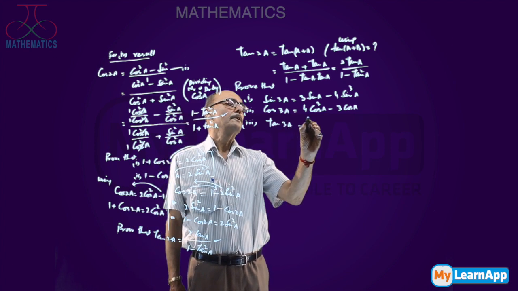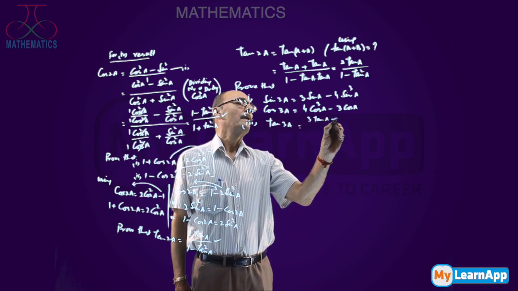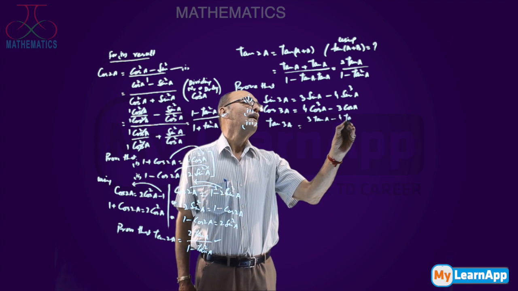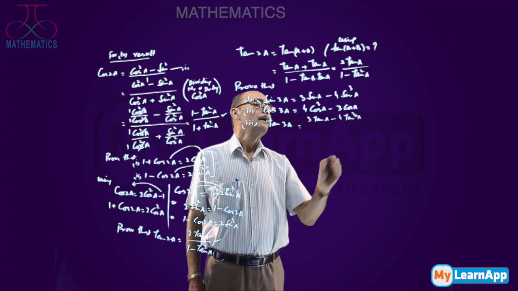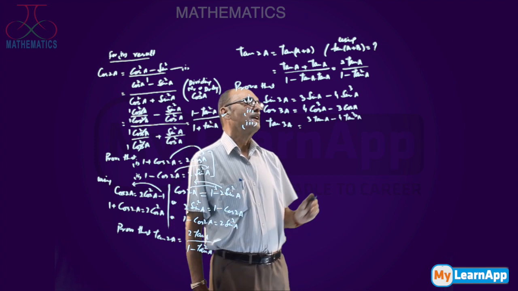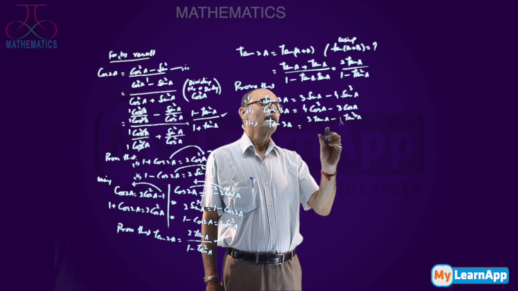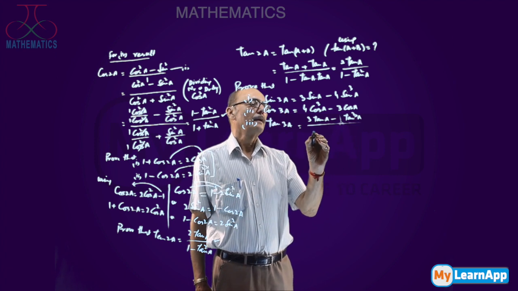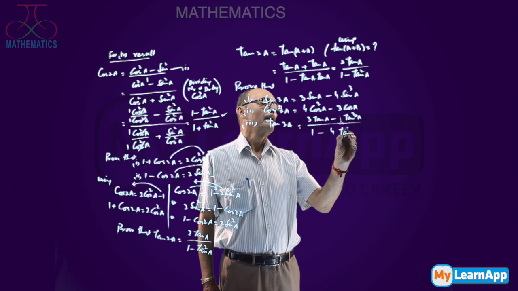This is 3 tan A minus tan cube A divided by 1 minus 3 tan square A.